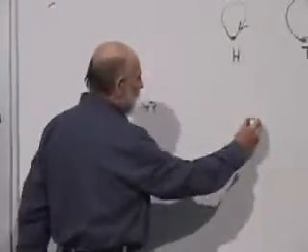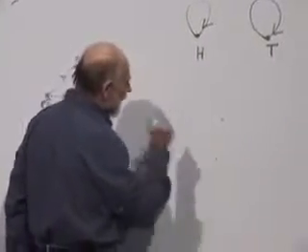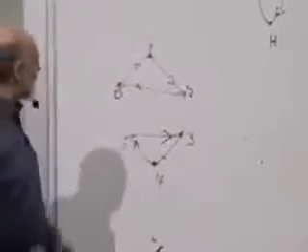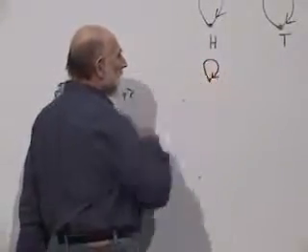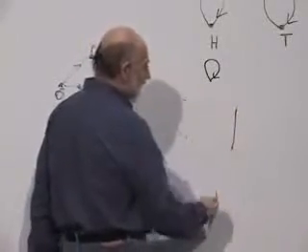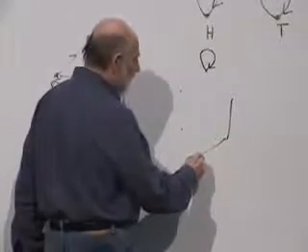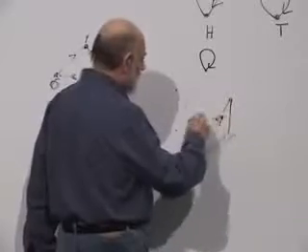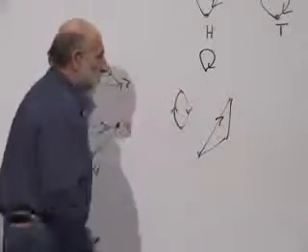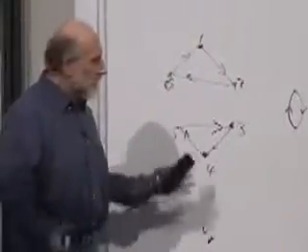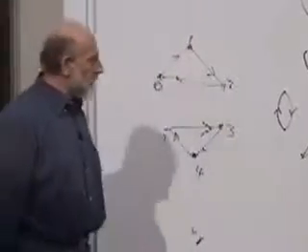Here's another one. In fact, I think it would take a long time to draw all the possibilities. 1 goes back to 1, 2 goes to 3, 3 goes to 4, 4 goes back to 2, 5 goes to 6, and 6 goes back to 5. Right? They're all acceptable laws of physics.